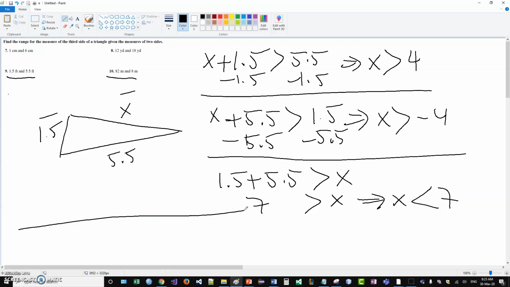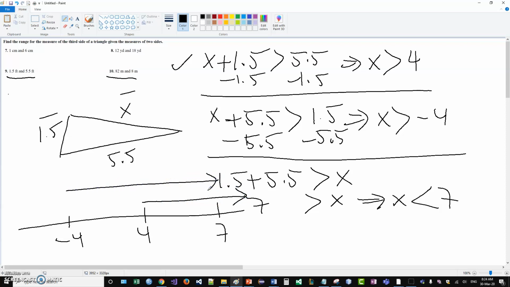Now the number line: minus 4, 4, and 7. First one right here, x greater than 4. The second one, x greater than minus 4. And then the third one, x less than 7.